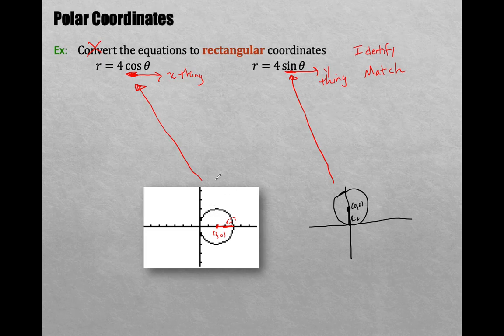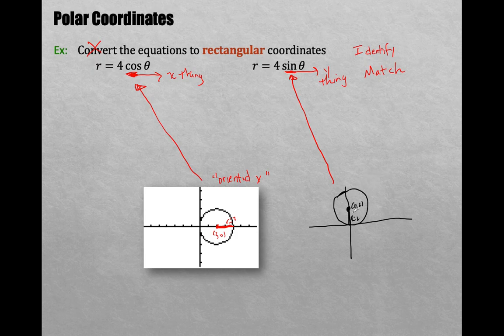This circle is oriented x. It's an x thing. Your radius is in all directions, so I don't say, but can you see it's on the right x side?